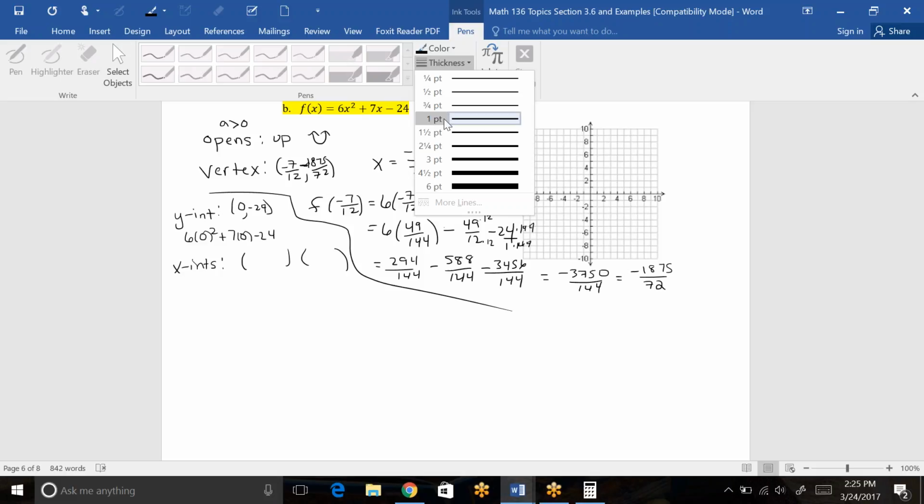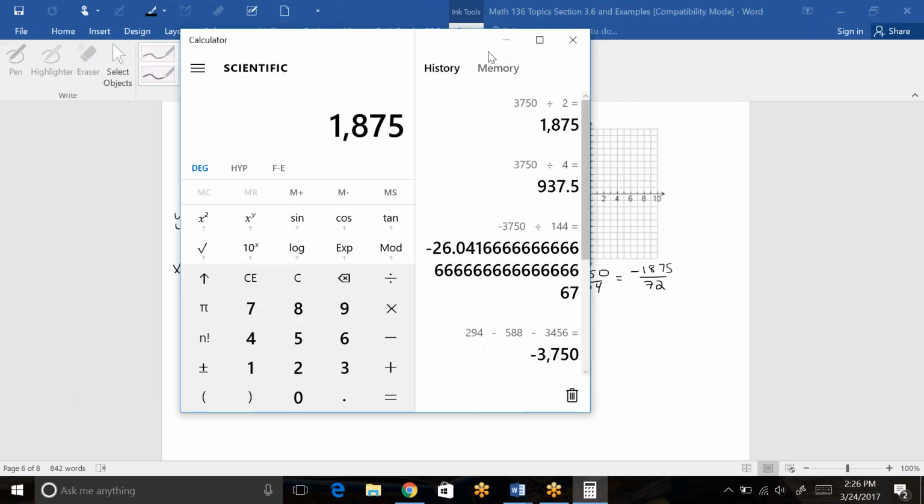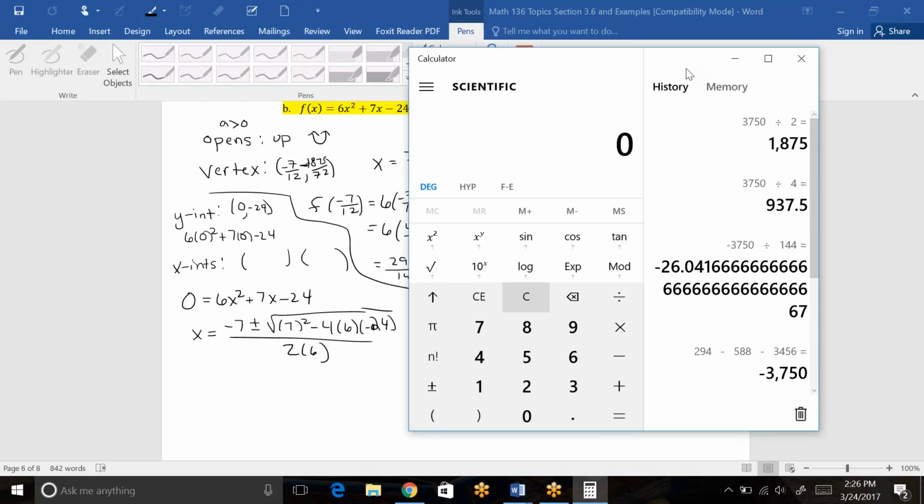So when you're trying to solve for the x-intercepts, you let this equal 0. You could try to factor, but I wouldn't waste time if the numbers look pretty big. I would just jump right into the quadratic formula: negative 7 plus or minus the square root of 7 squared minus 4ac, all over 2a. If it comes out to a nice number, great. If not, we didn't waste time trying to factor.